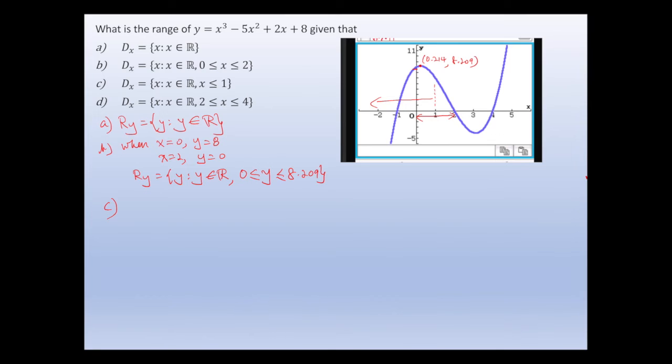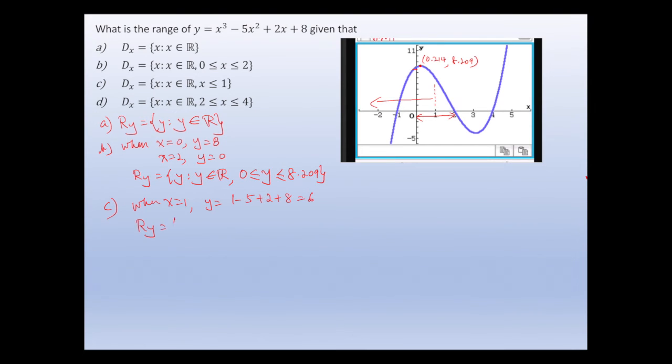For part C, you know that it's x less than 1. So again, we can see that when x is 1, y equals 1 minus 5 plus 2 plus 8, which is 6.